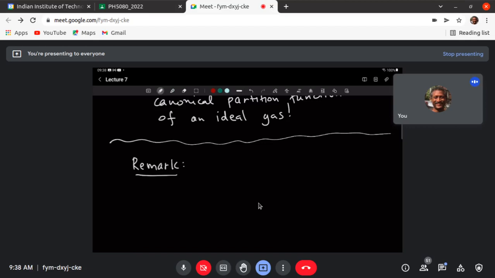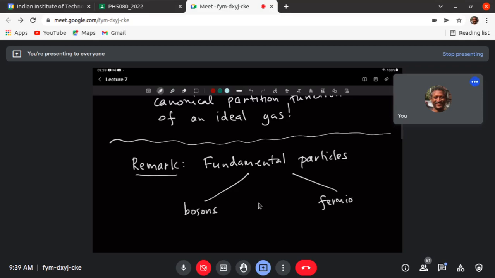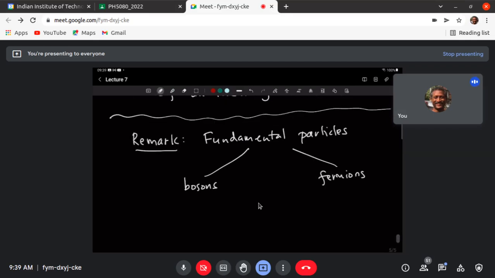And this is so fundamental, particles come in two flavors. They are called bosons and fermions. And fermions have this special property that there's something called the Pauli exclusion principle, which says that two identical particles cannot have the same, all their quantum numbers shouldn't be the same.